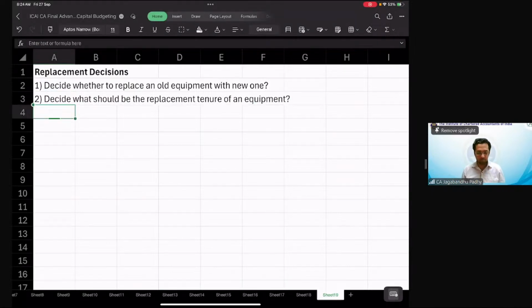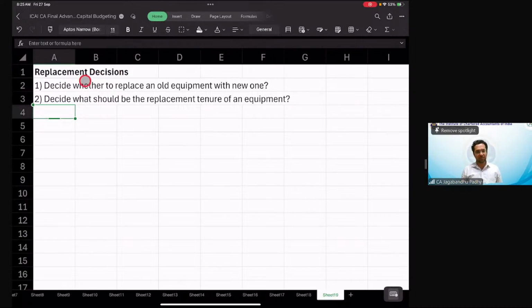Basically, the first set of questions is deciding whether to replace an existing equipment with a new one right now. And the second type of question is at what frequency, at what time interval should an equipment be replaced? Like, should I replace this equipment every 5 years or every 3 years or every 8 years? That decision is what we are going to look at in this second type of question.